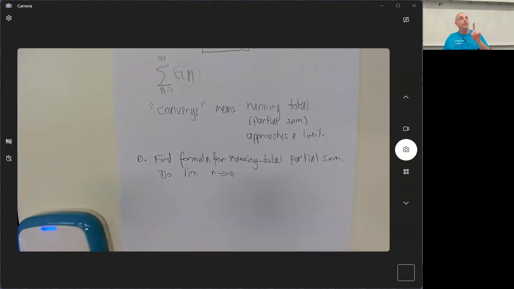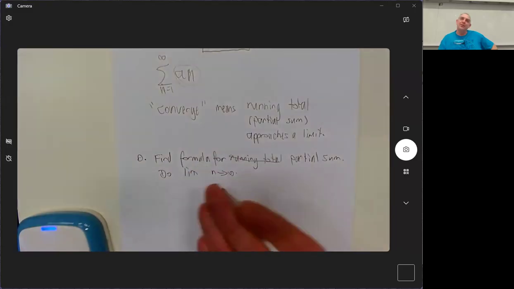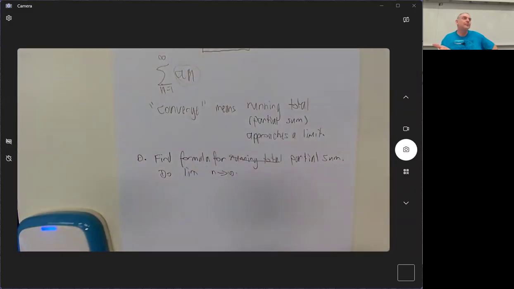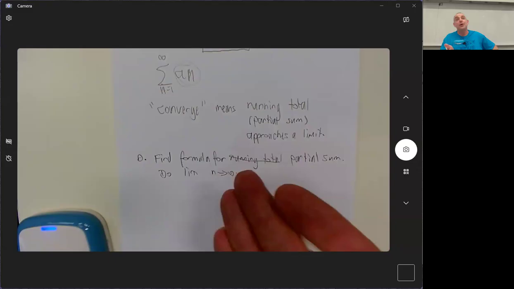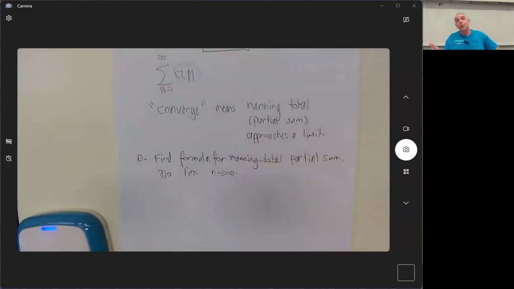No one will use that, but I have seen an assignment or exam question that says, here's a series, note that its partial sum has this formula, does it converge? And so they've done that part of the work for you. So it's worth noting that a lecturer will sometimes go all the way back to the definition and find the formula for the partial sum for you. And then it's just a limit question.